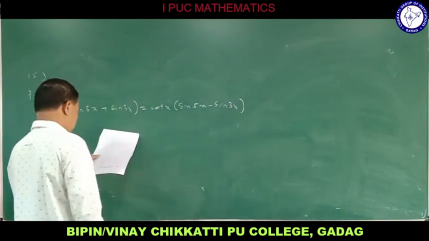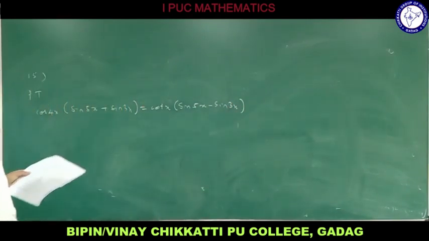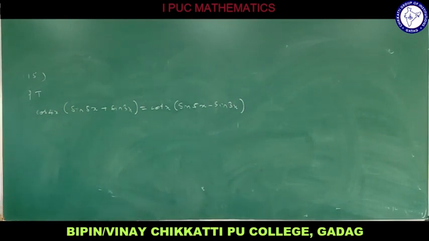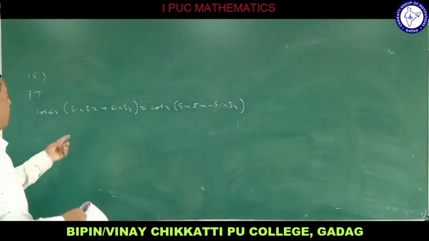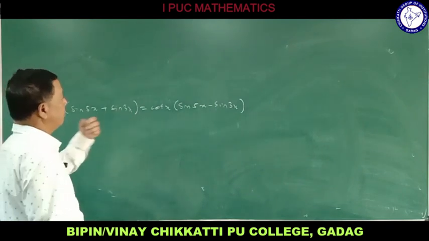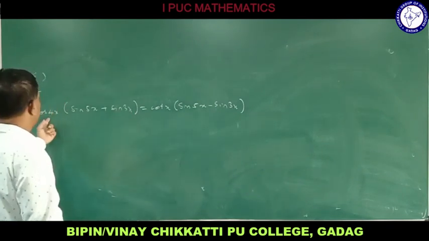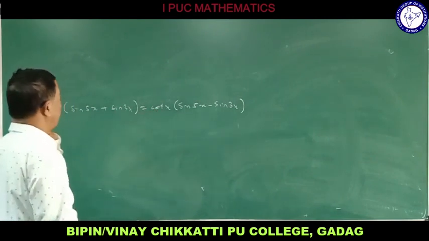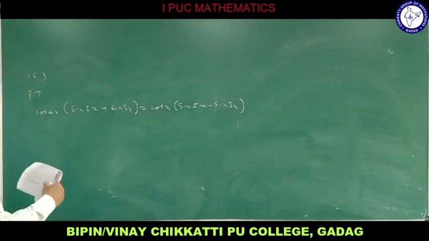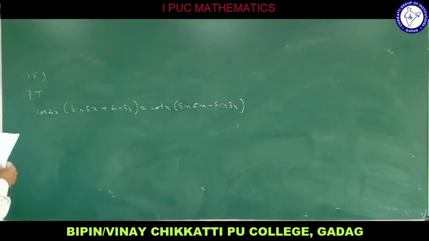See the problem, how this can be done here. Look at the similarities: sin 5x, only here plus, but outside here cos 4x, and there cot x. So here you have to understand how this can be proved. Once again you see this cot x, and accordingly we can prove the result.